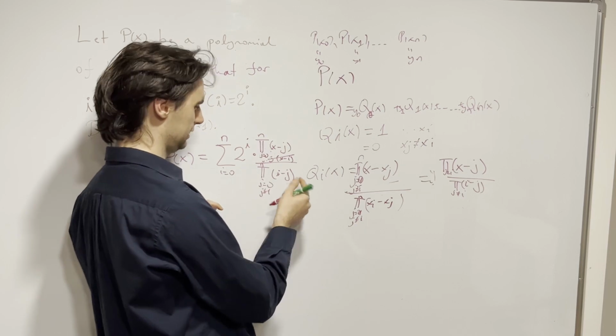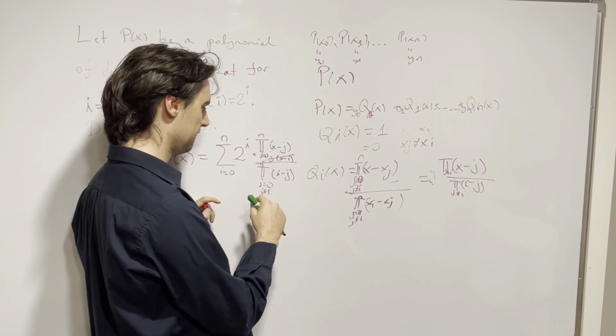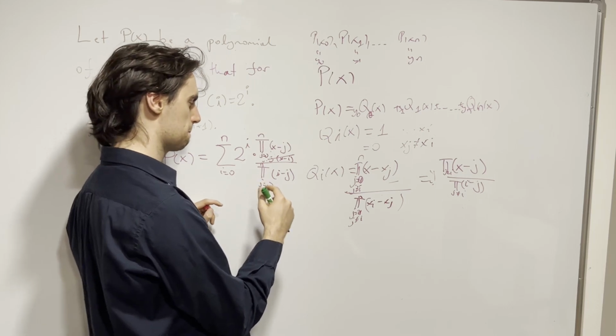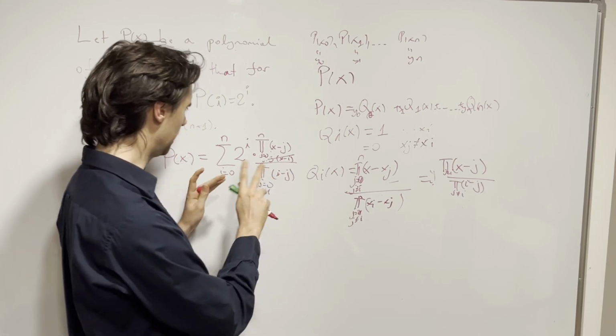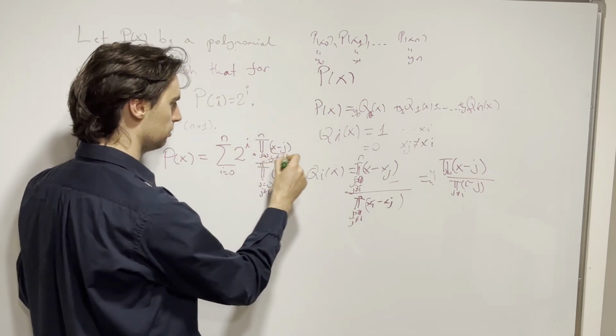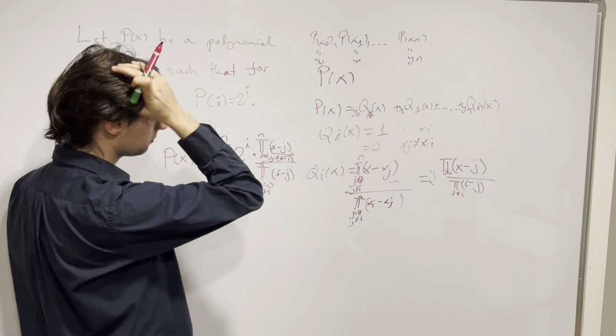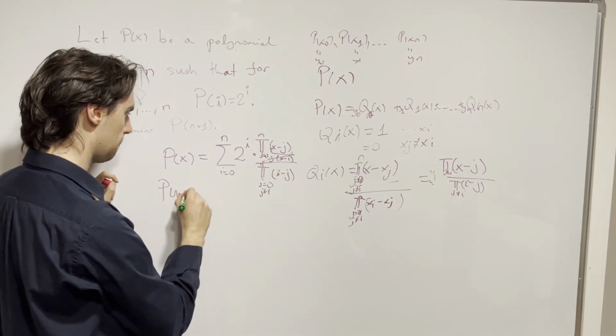And this, I don't want to write it the same way. I minus j, I'm inclined to write it the same way on one hand, but maybe not. So let's see what this will be equal to. This is going to be x minus j. So we're going to have p of n plus 1.